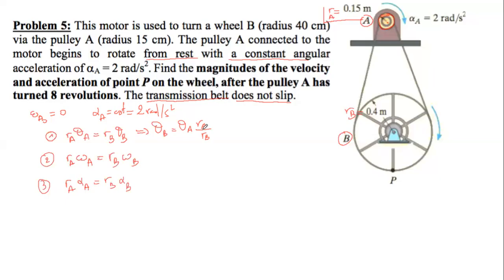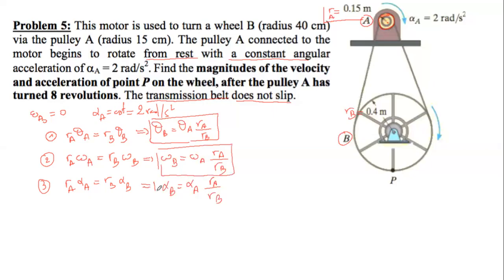Now, the bigger radius will have a smaller what? Smaller omega, or smaller theta. So here also omega B will be omega A times RA divided by RB, and alpha B will be equal to alpha A times RA divided by RB. These are very important equations that we already demonstrated in class, and you are aware of them.